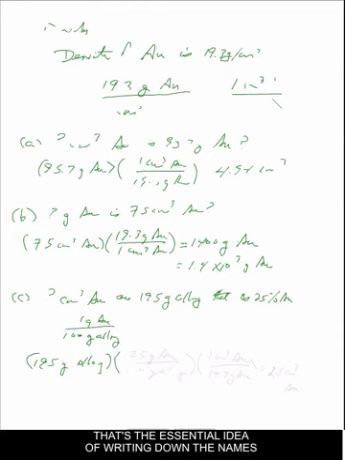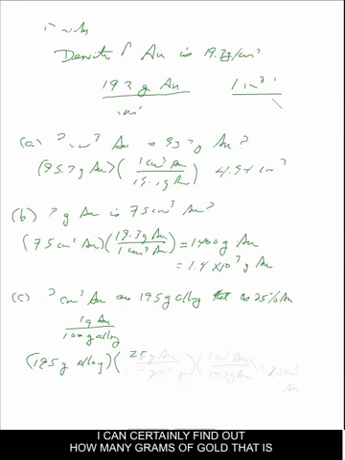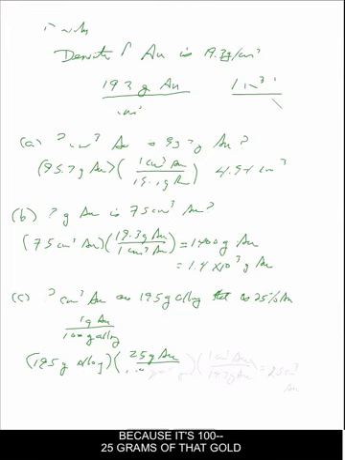That's the essential idea of writing down the names of everything also, not just the numbers, or for that matter, not just grams or cubic centimeters, but also grams of what? So if I have 195 grams of alloy, I can certainly find out how many grams of gold that is, because it's 25 grams of gold for every 100 grams of alloy. Notice grams of alloy are cross-canceling.